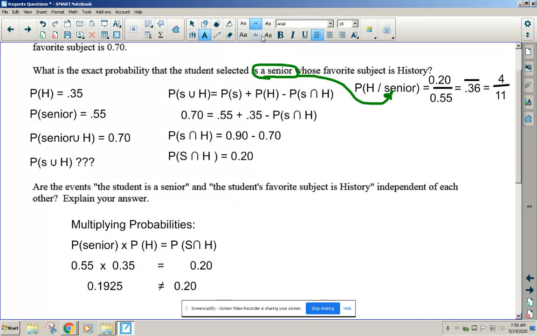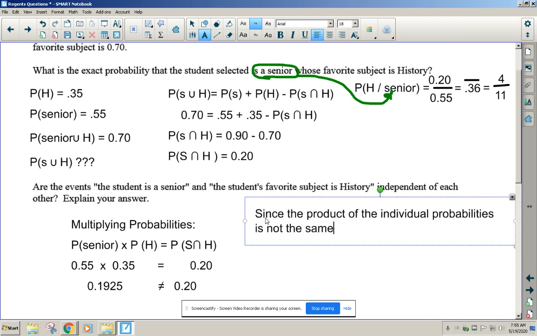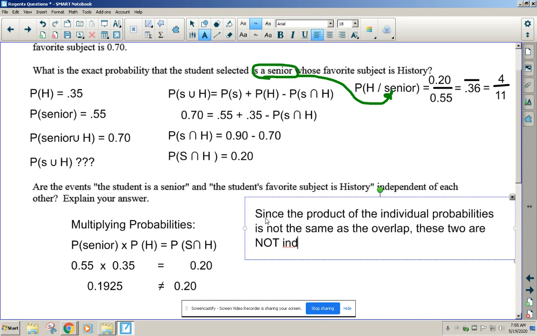So your answer to this would be, since the product of the individual probabilities is not the same as the overlap, these two are not independent.